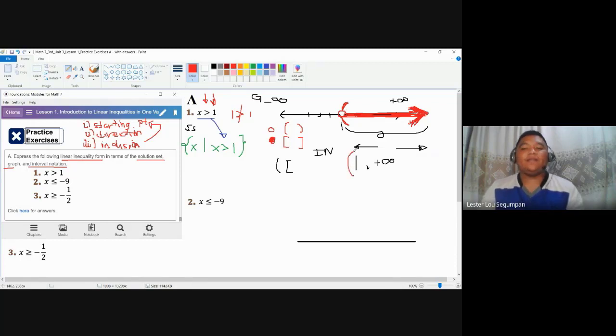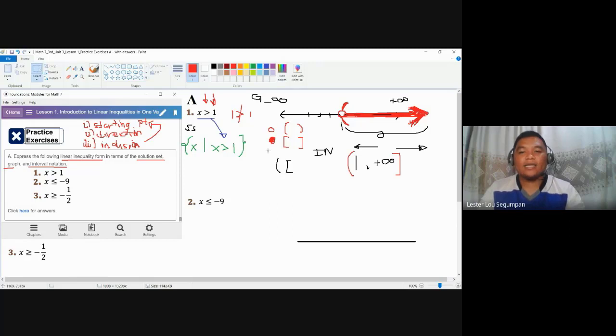This means that 1 is not included. That's why we have the parentheses. This is the purpose earlier. Now, as for infinity, infinity is included because it goes towards infinity. So if it's included, we use here the bracket. Again, for non-inclusion, parentheses; for inclusion, brackets.